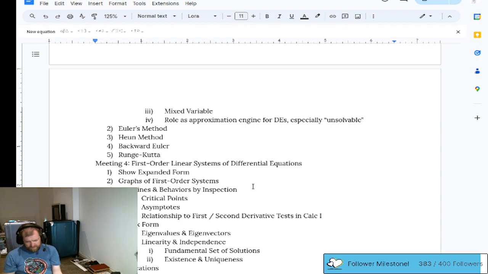This is the checking to see if you have all of your differential equations.